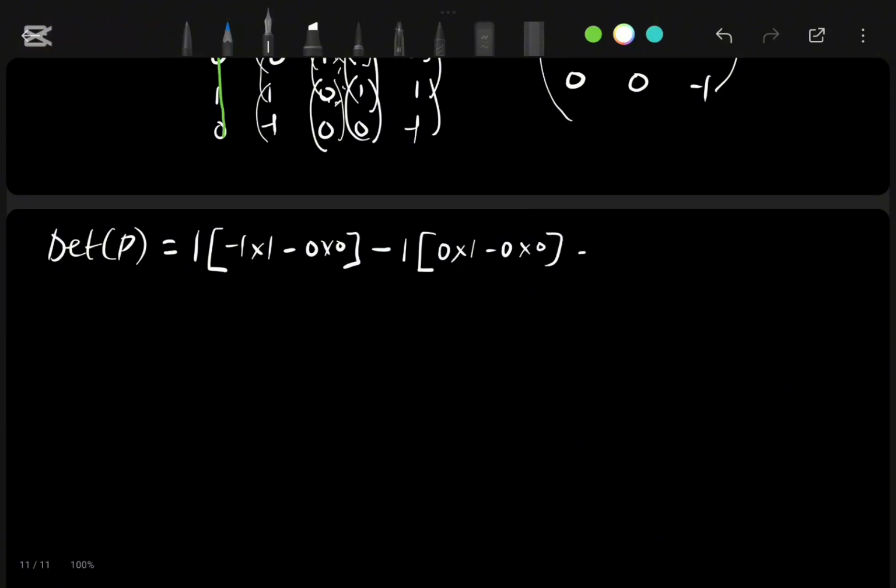And the last one is just plus 0. So with this, we have 1 multiplied by what? Minus 1, which will give us minus 1.